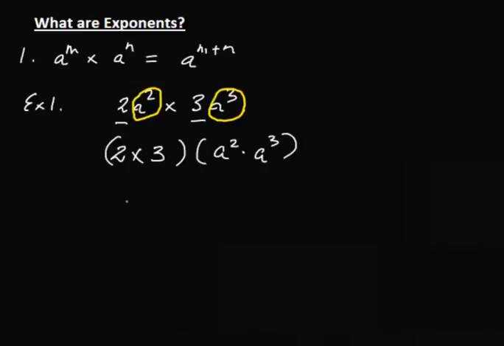And the first law says that if you have two terms with the same base with exponents, these two terms can be written as a to the power of 2 plus 3. That is the base a, the first exponent plus the second exponent. If we do that, we'll arrive at the answer a to the power of 5.